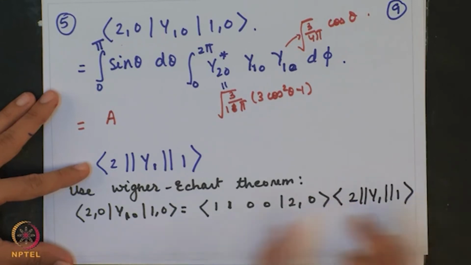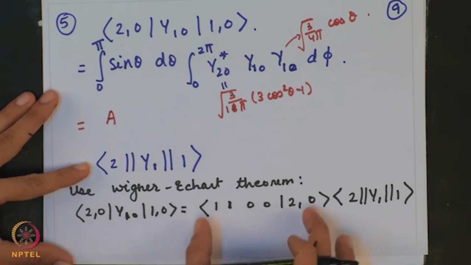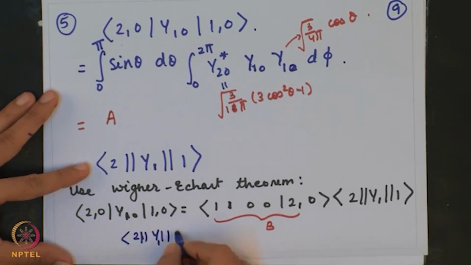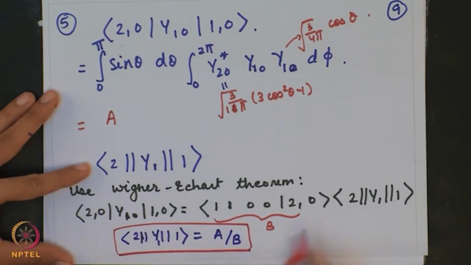So, this term will be, this you know is A. You calculate the CG coefficient of this. Now, just by looking at the terms you should be able to evaluate the CG coefficient. So, let me call this value B. So, in the final expression you will have <2||Y||1> is A upon B. So, this you will do yourself and check.